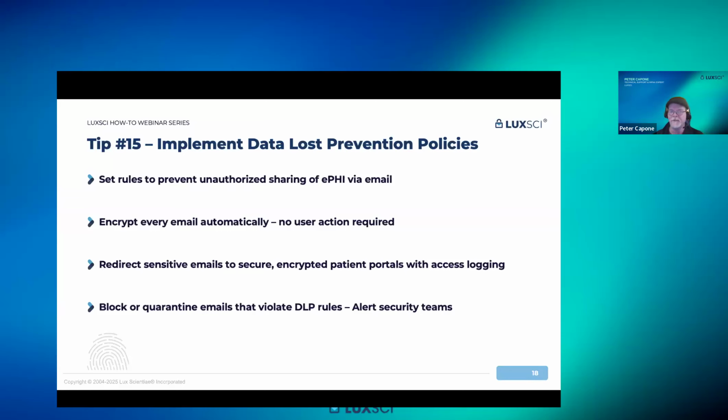That way you're not leaving it up to user choice, because sometimes that choice might not be correct, whether or not it's intentional. And you always want to make sure that your DLP rules are active and that people know about them. This way, they'll only send out the appropriate information in the appropriate email and not accidentally send out PHI to an email address they shouldn't.